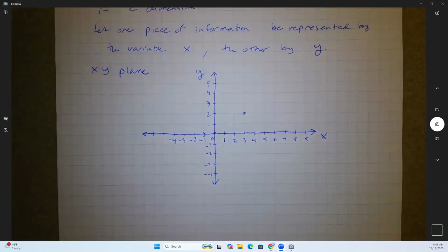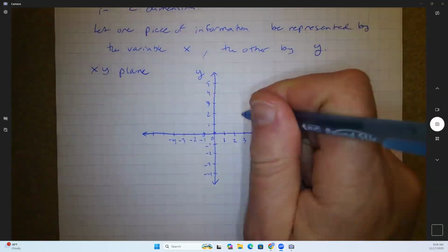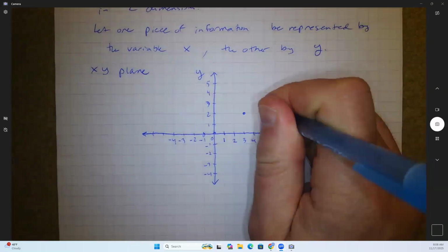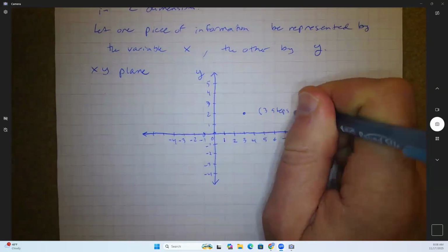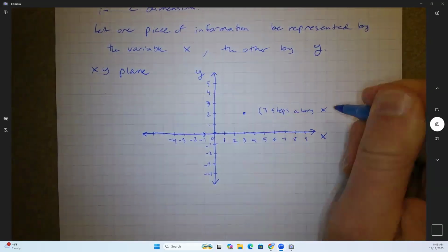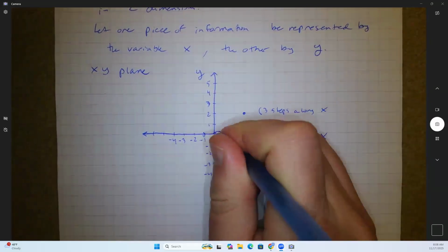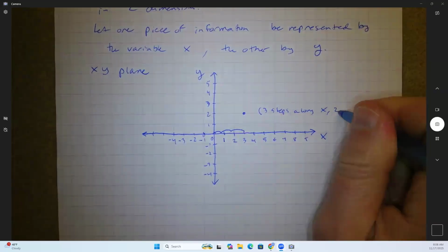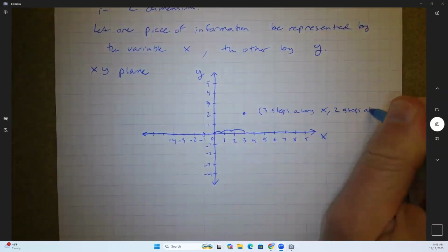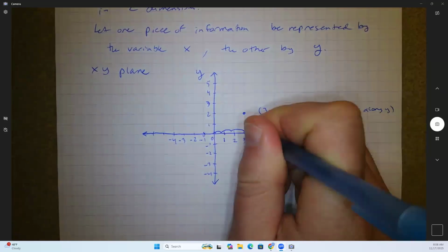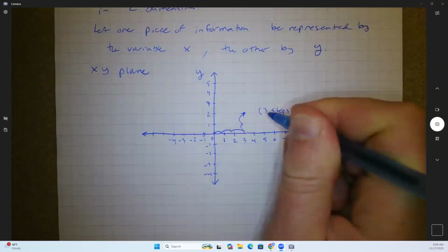And once we do this, it allows us to label any point in this two-dimensional plane, because this point, for example, is 3 steps along the X, 1, 2, 3, and then 2 steps along the Y, 1, 2.